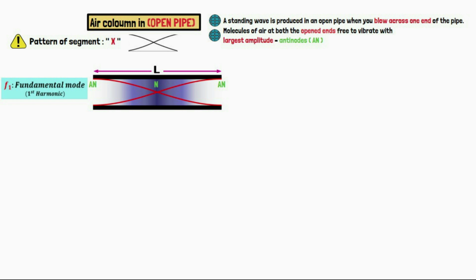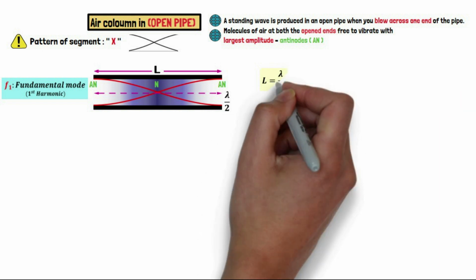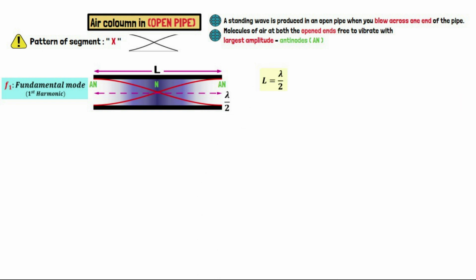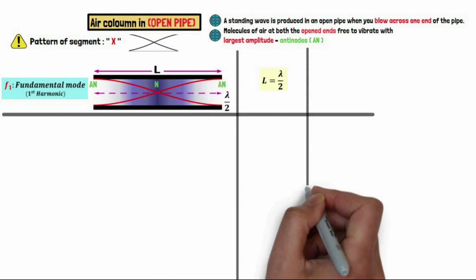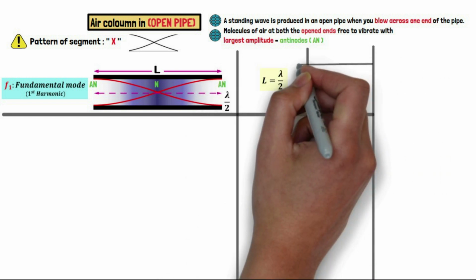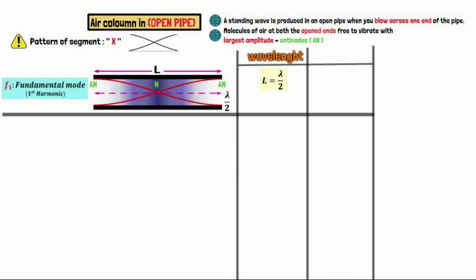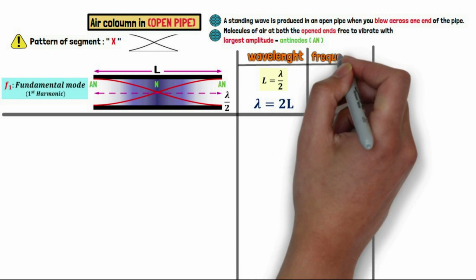Okay, so sekarang jom kita cuba untuk derive equation of frequency for first harmonic atau nama lainnya adalah fundamental mode. Okay, so dekat sini sebelum kita derive, kita perhatikan the length of the wavelength untuk first harmonic. You can see here that this is equal to lambda over 2. Okay, so since L is equal to lambda over 2, finally we can write equation untuk wavelength for fundamental mode or first harmonic is equal to 2L. Okay, and then we can write equation for frequency.